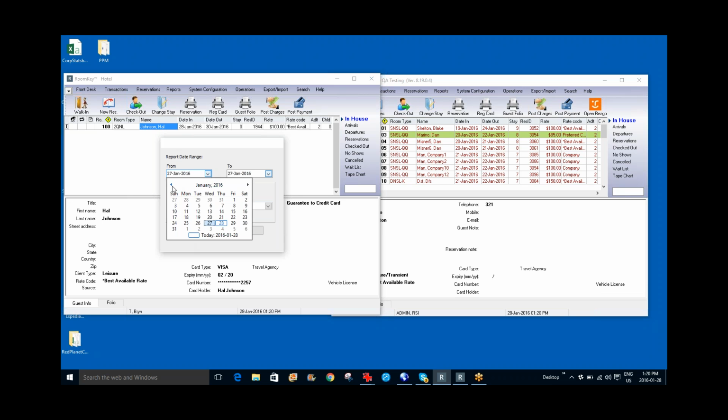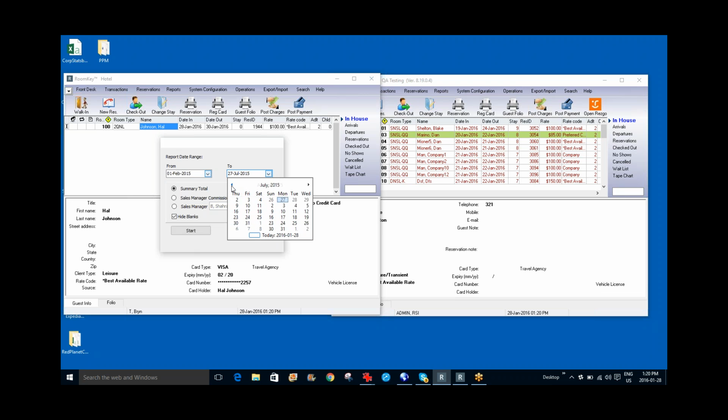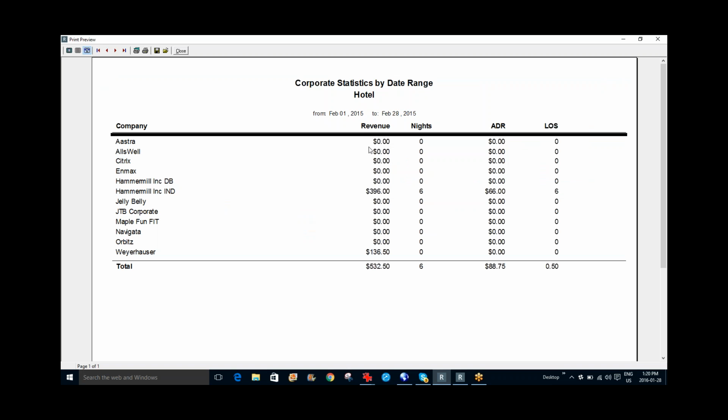However, if you choose your dates, February 1st, February 28th, I'm going to unclick hide blanks and click start. Then we're going to see the companies that aren't producing.